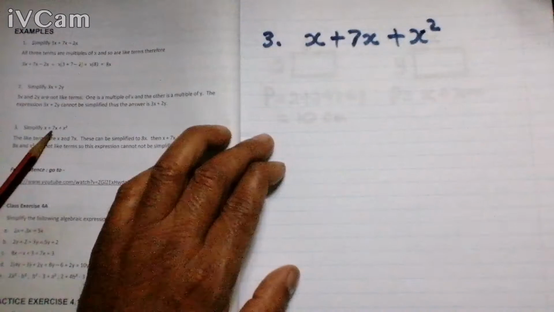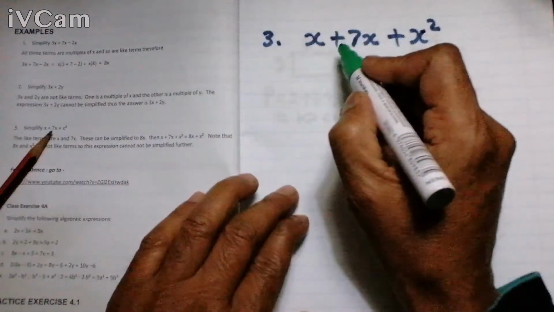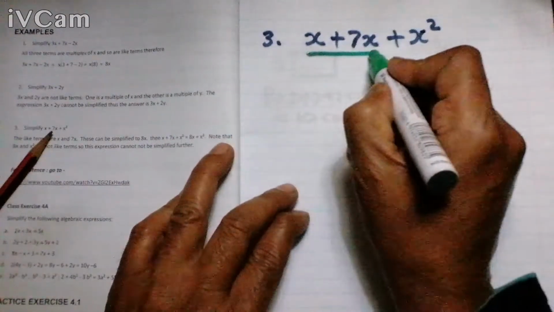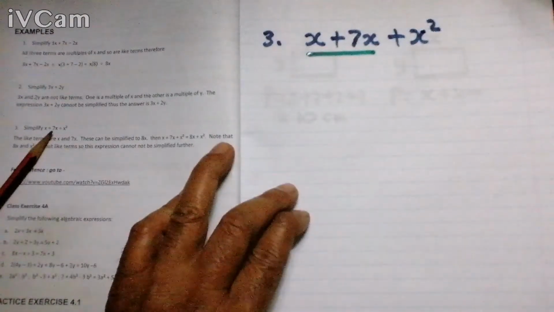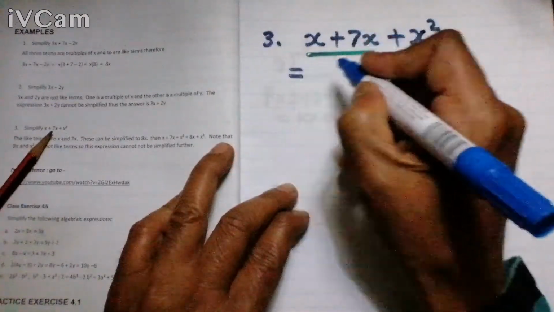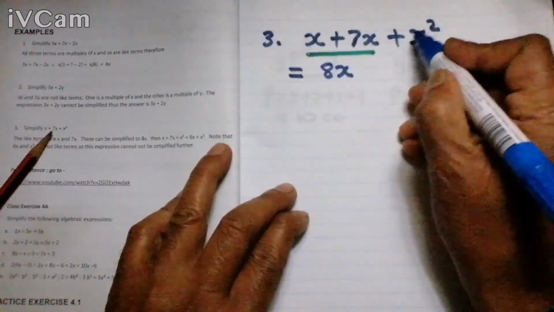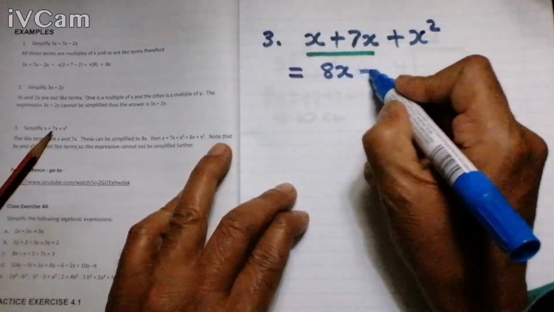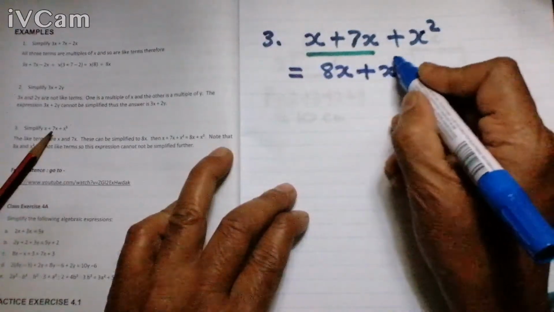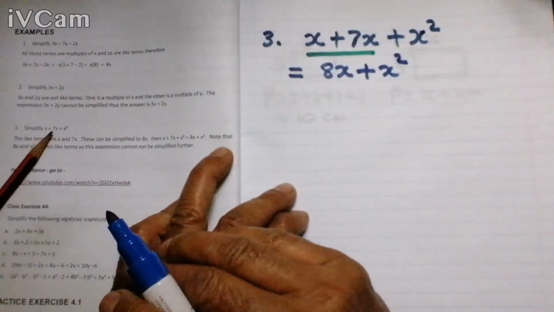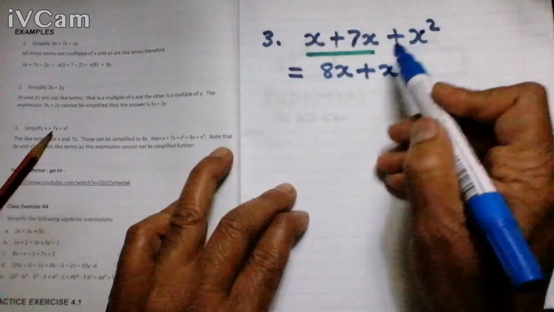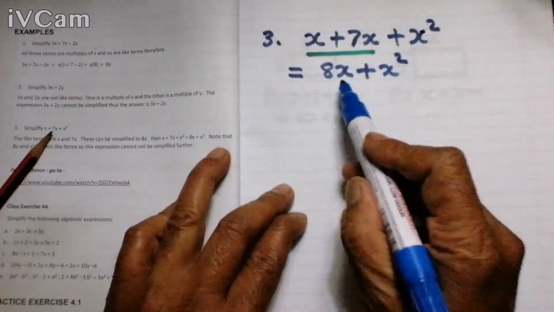So these two here are like terms, and therefore we can add them up to give us 8x. That is not like these terms, so that will remain as x squared. Right, so we have simplified that expression to that.